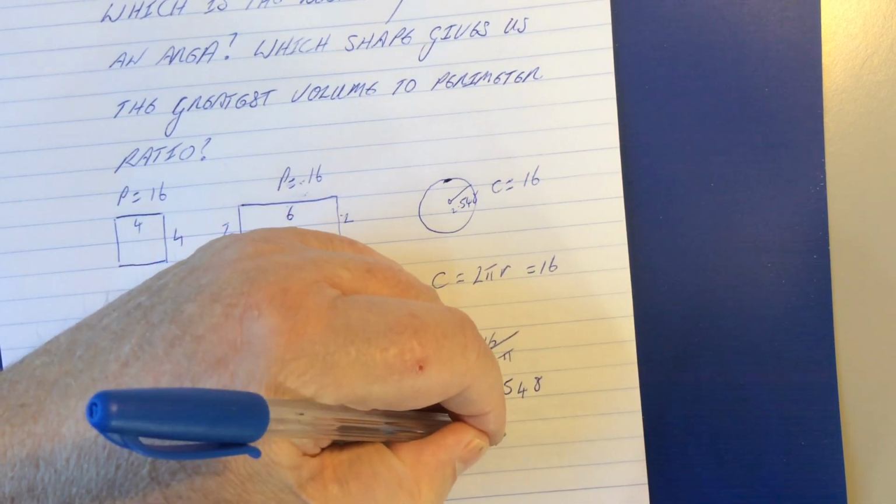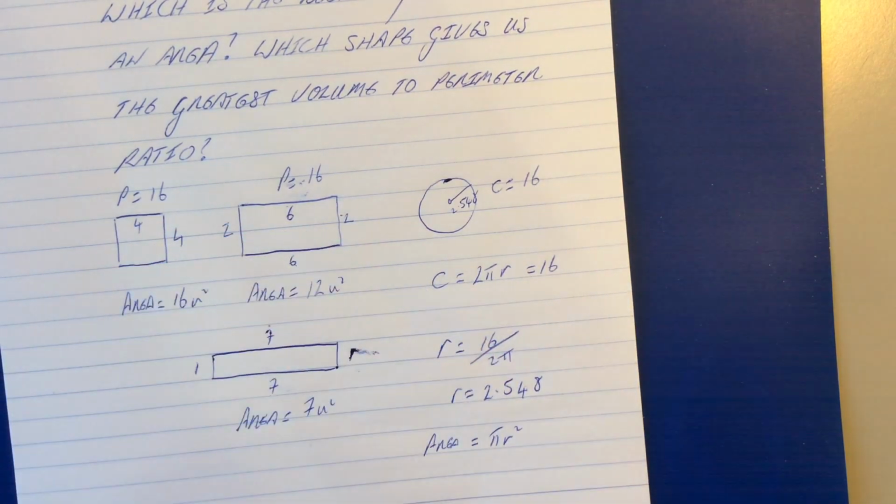Okay, so the area is equal to pi r squared. So 2.548 squared is 6.49 roughly, and we're going to multiply that by pi, which again we're using 3.14.